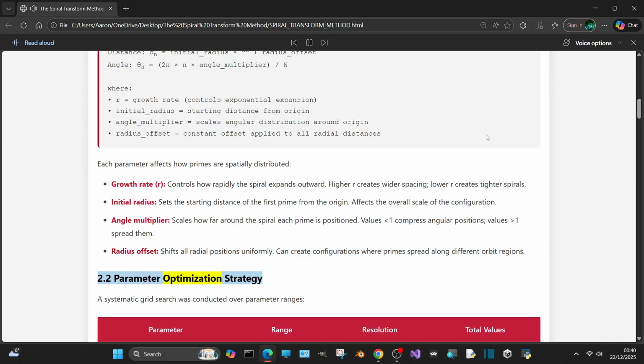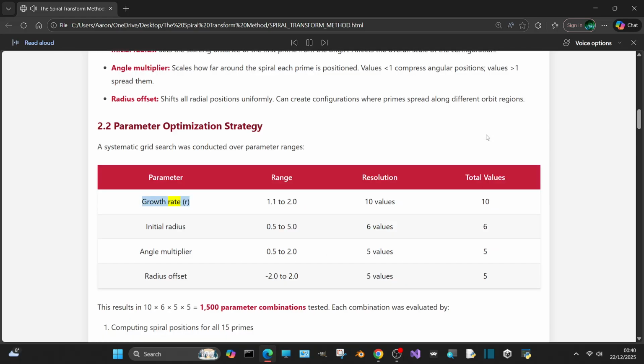2.2 Parameter optimization strategy. A systematic grid search was conducted over parameter ranges. Growth rate, r: 1.1 to 2.0, 10 values. Initial radius: 0.5 to 5.0, 6 values.